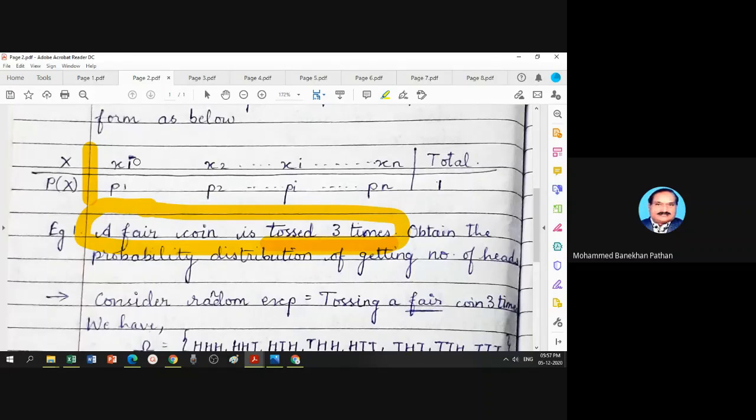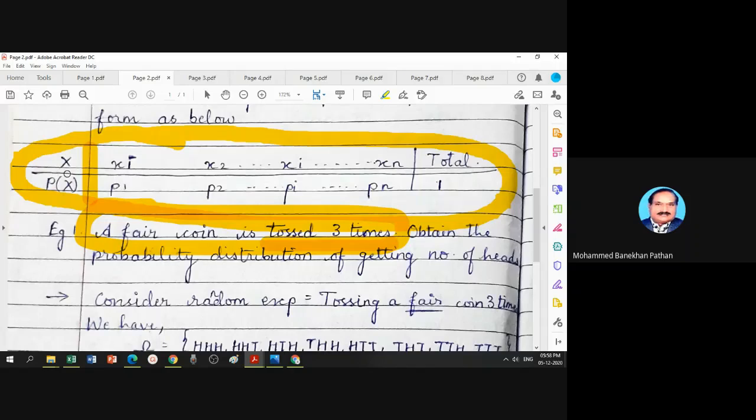You can see the screen, x taking value x1 with chance p1, x taking value x2 with chance p2. So this entire table is known as the probability distribution of random variable x. Today I will stop at this stage. Remaining part in the next lecture.